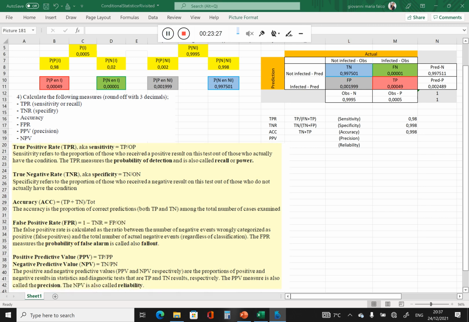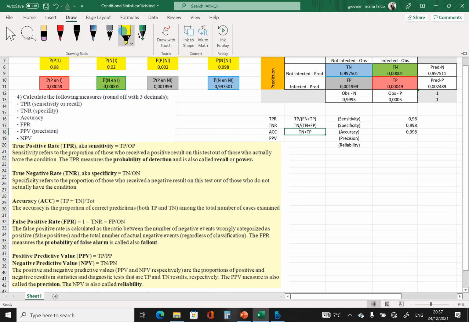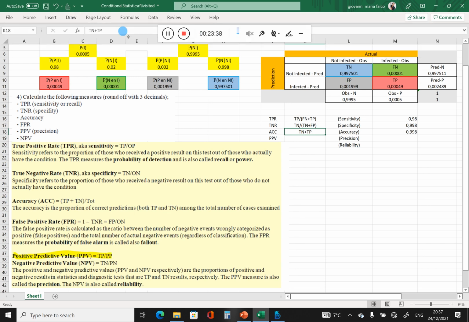So the next one is the positive predicted value. Okay, and this is also called the precision. If we look at the definition, we see this is the ratio of the true positives divided by the total predicted positive.